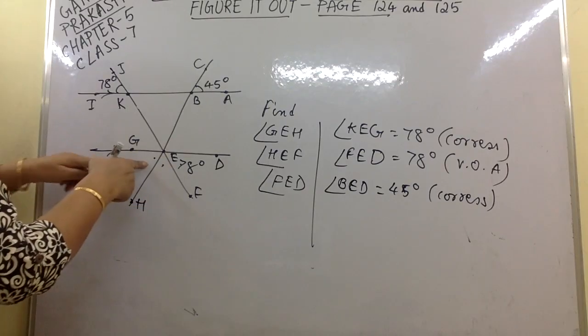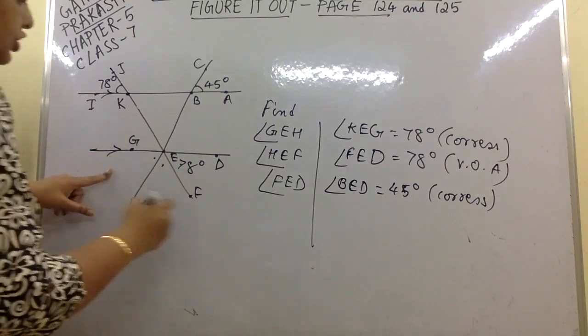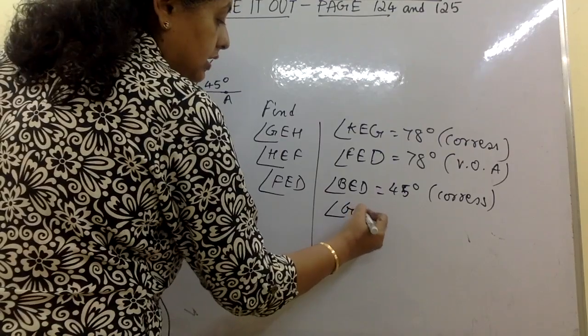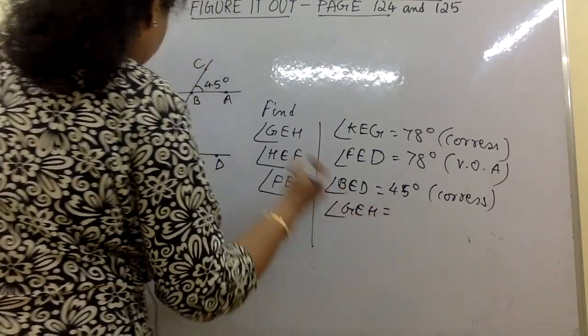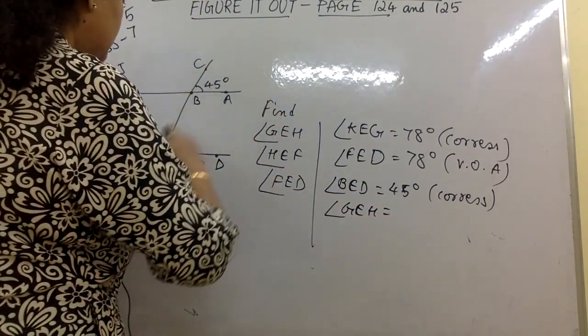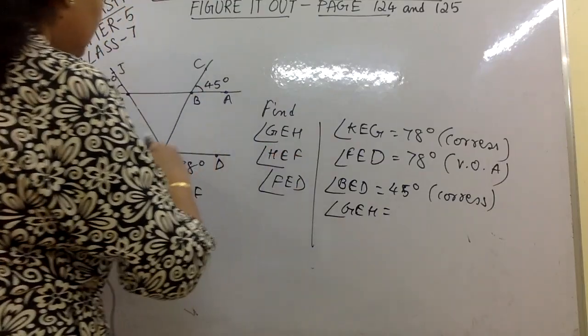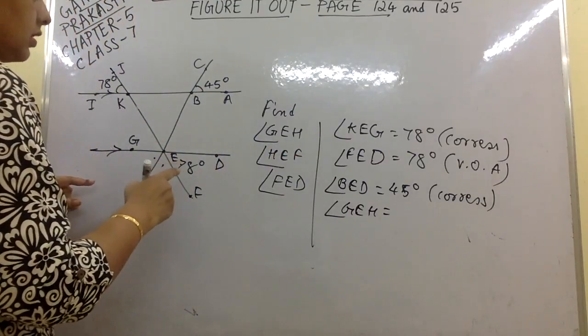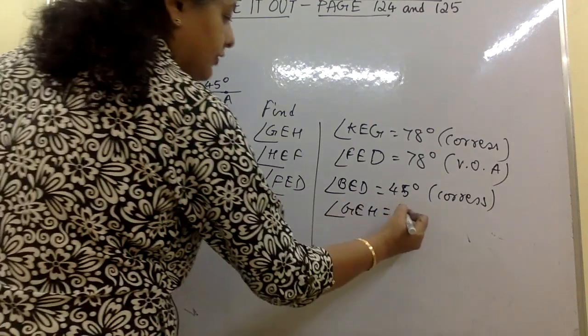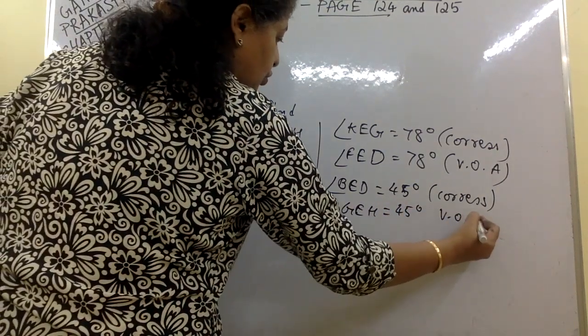Then this angle becomes vertically opposite, GEH. Angle GEH is equal to 45 degrees, which is VOA.